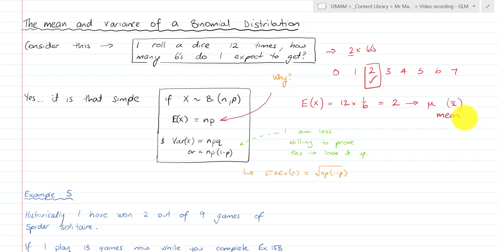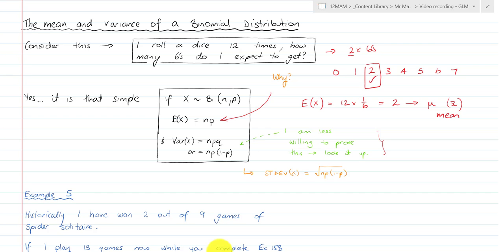We also have our variance, and you're welcome to have a look at why this works, but for now you just need to see the calculation and be able to apply it. The variance, which is the spread of the data, is calculated by doing n times p times q.